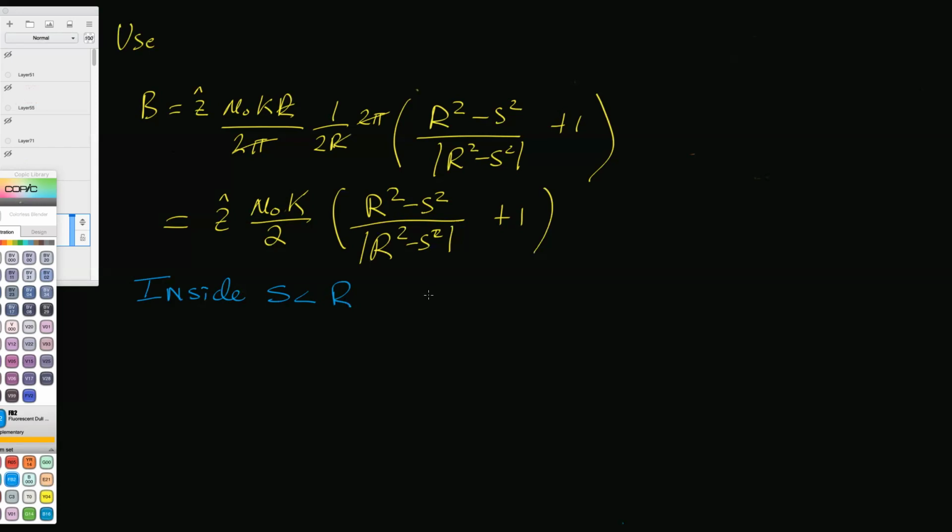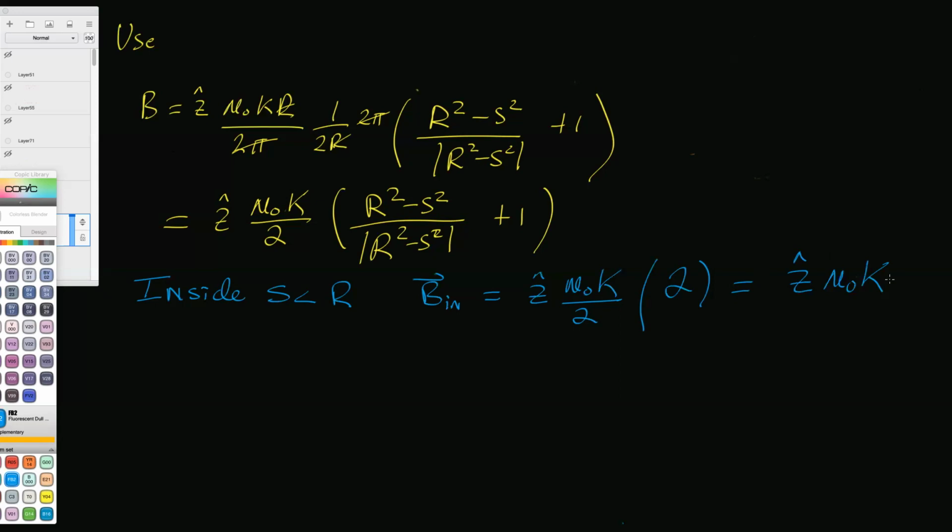And I get B in is equal to z hat mu 0 k over 2, and then r squared minus s squared over r squared minus s squared, which is 1, plus another 1, which gives me a 2, which just gives me z hat mu 0 k.